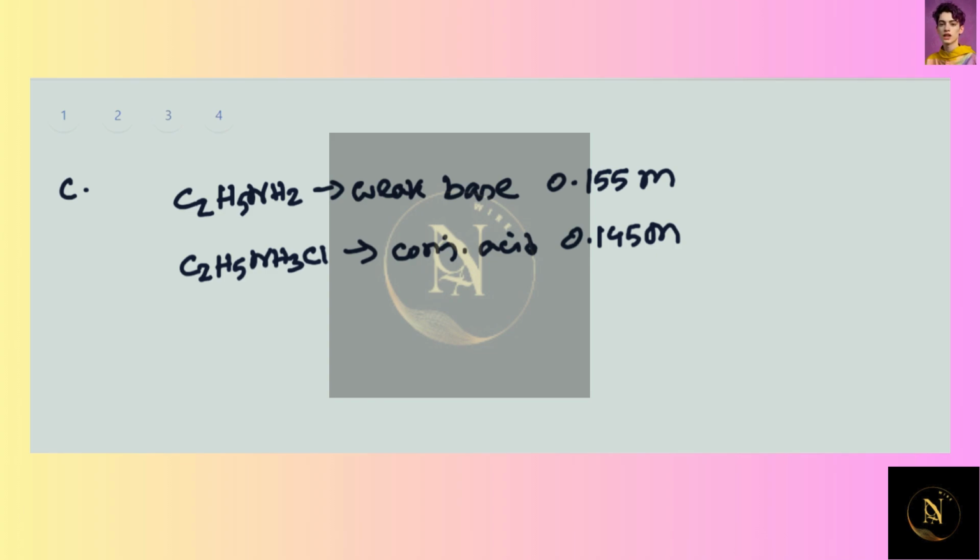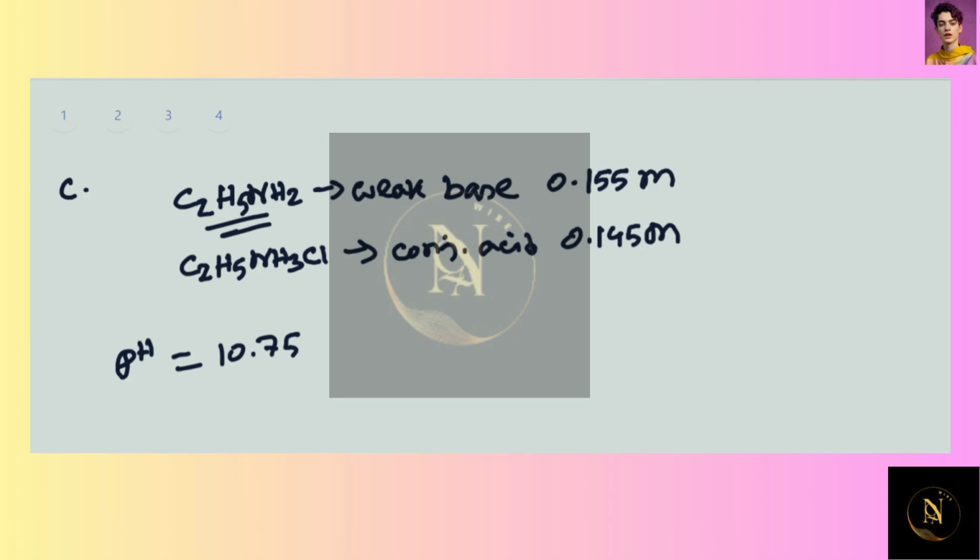So our initial pH will be simply the application of the Henderson-Hasselbalch equation. Since it's a basic solution, we can find the Kb value of this base, and if we just take the negative log of the Kb value, we'll have the pKb, and just subtracting the pKb value from 14, we can have the pKa value, which is 10.75.